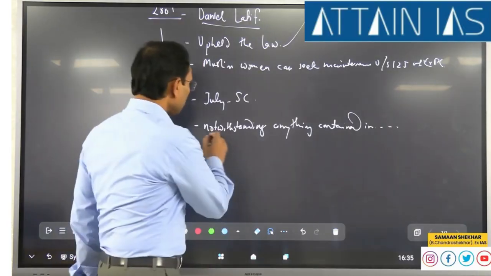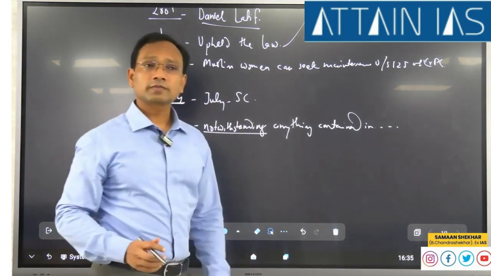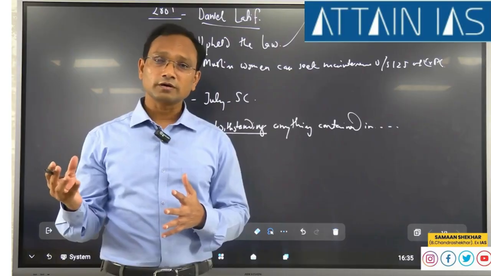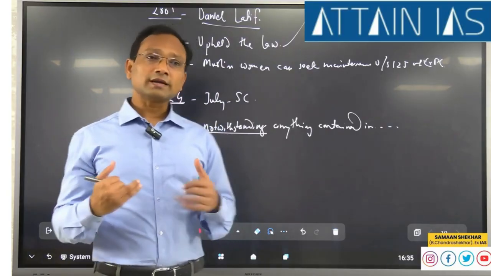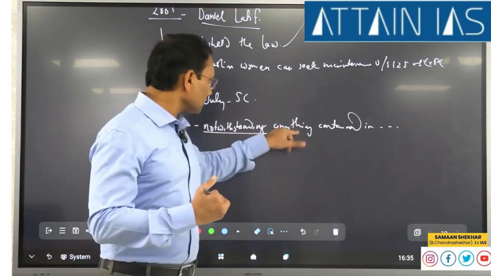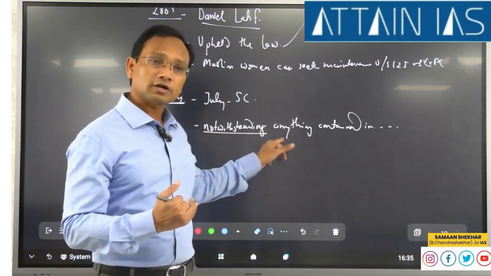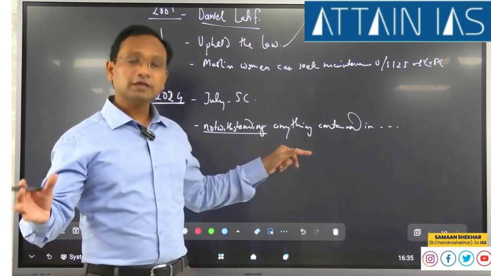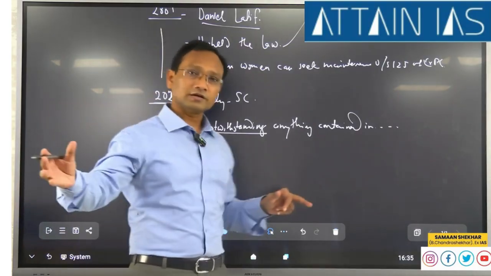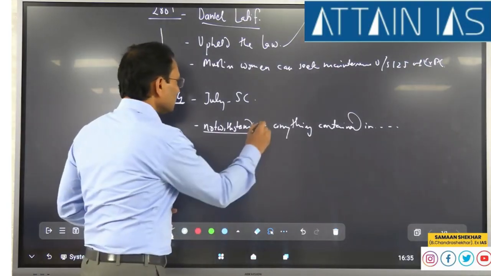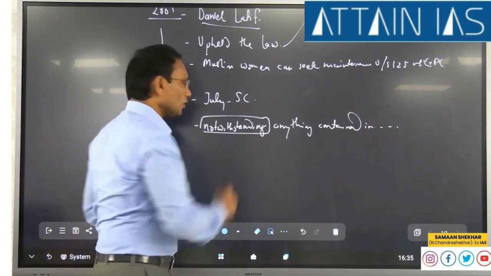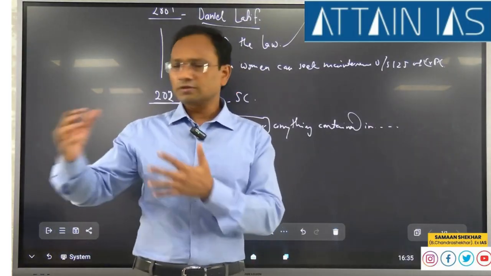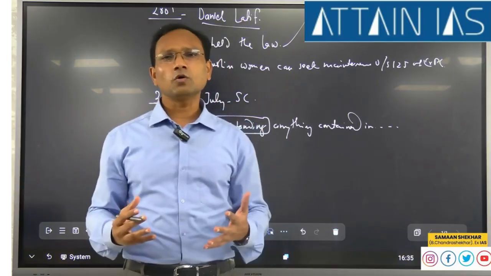Normally, whenever you have this non-obstante clause, it is generally taken to mean that the provisions of this law, which contains this clause, will apply over any previous law or any other law that exists. However, if you go by the literal meaning of the word notwithstanding, it actually means at the same time, whatever may be the case there, this will hold true.